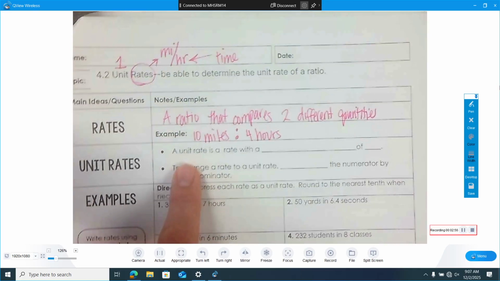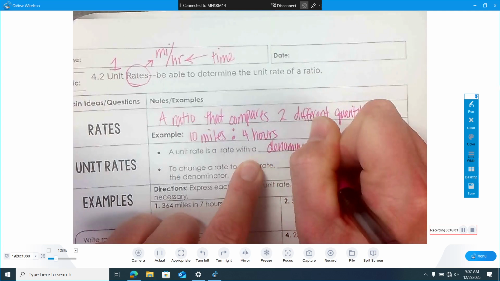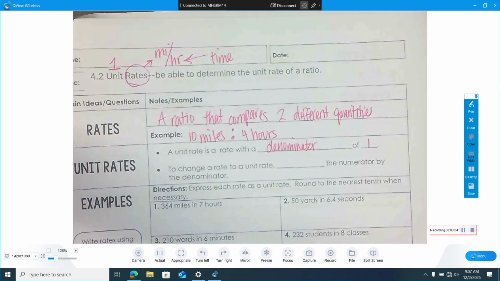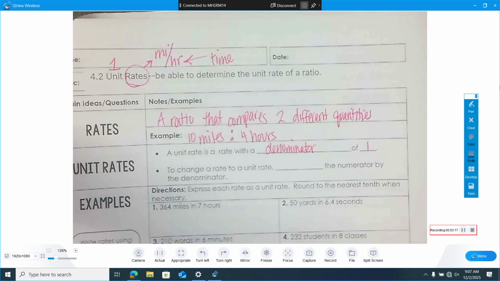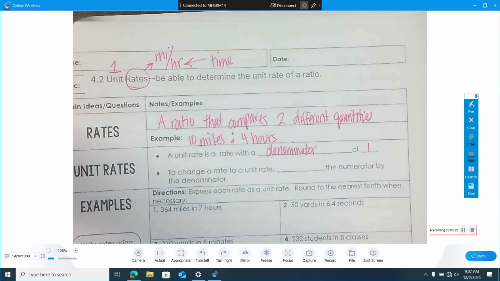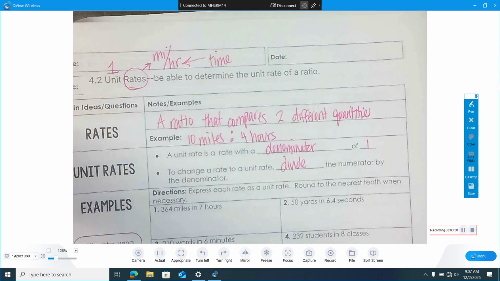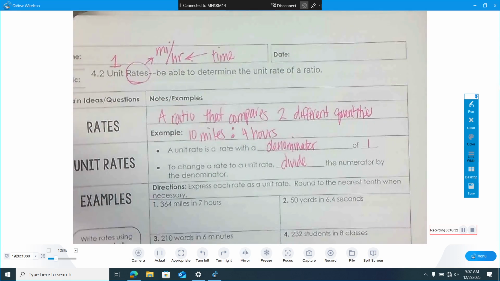A unit rate is a rate with a denominator of 1. So again, that's what we're talking about when typically we want 1 hour of time or 1 minute. And then to change it to a unit rate, we simply divide the numerator by the denominator. We just simply divide. It's super easy.